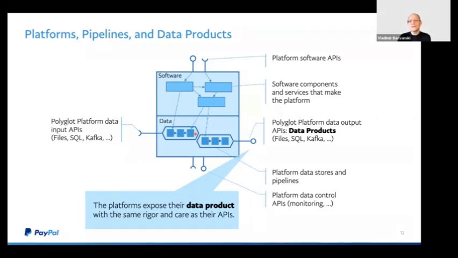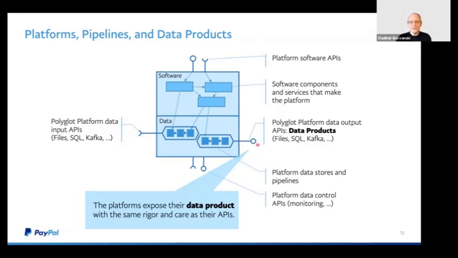And one of the key things is that besides the software interfaces, the platform should offer data interfaces. And these are the things through which the platform consumes the data from other sources. Let's say a Kafka stream, or if they need to ingest a file that contains additional information.